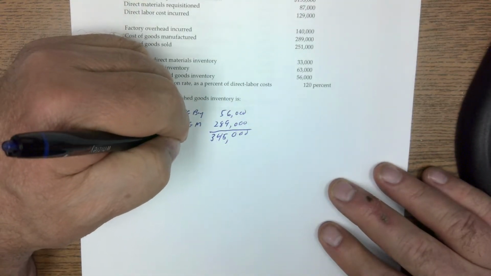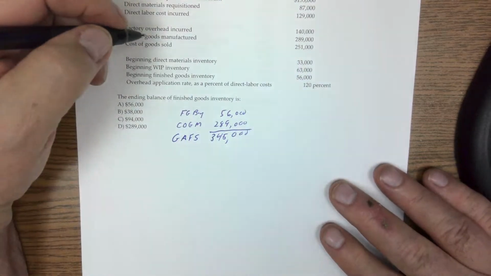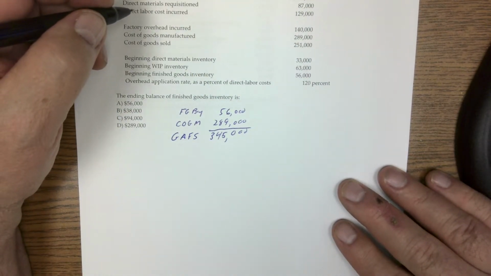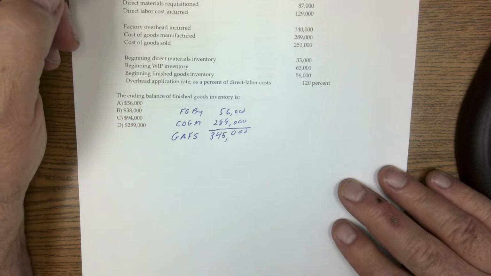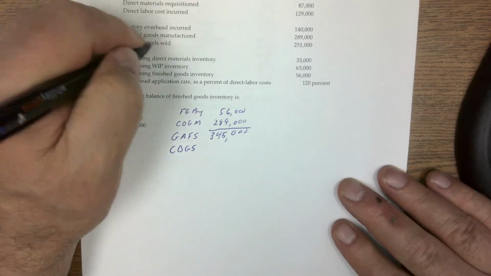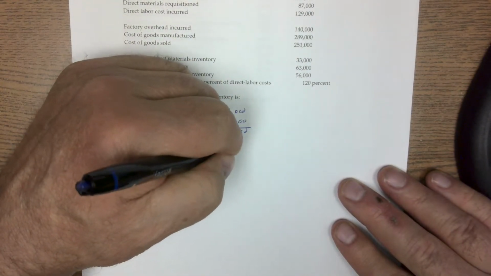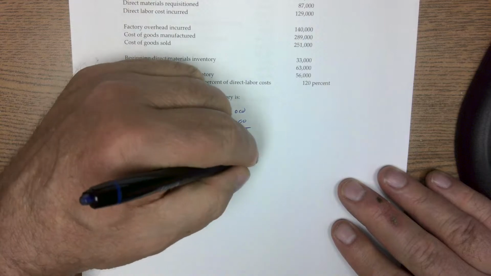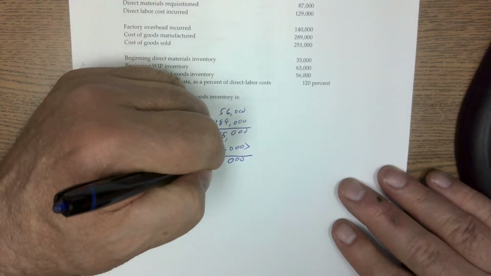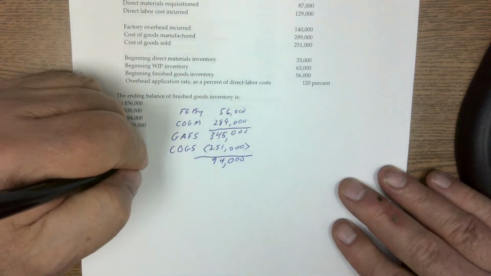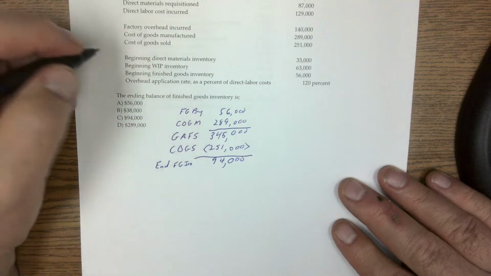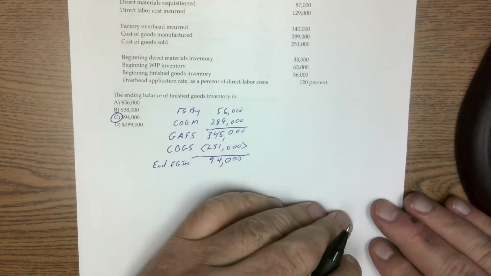This is our goods available for sale. Then we have our cost of goods sold is 251,000. And so our ending finished goods inventory is 94,000. See?